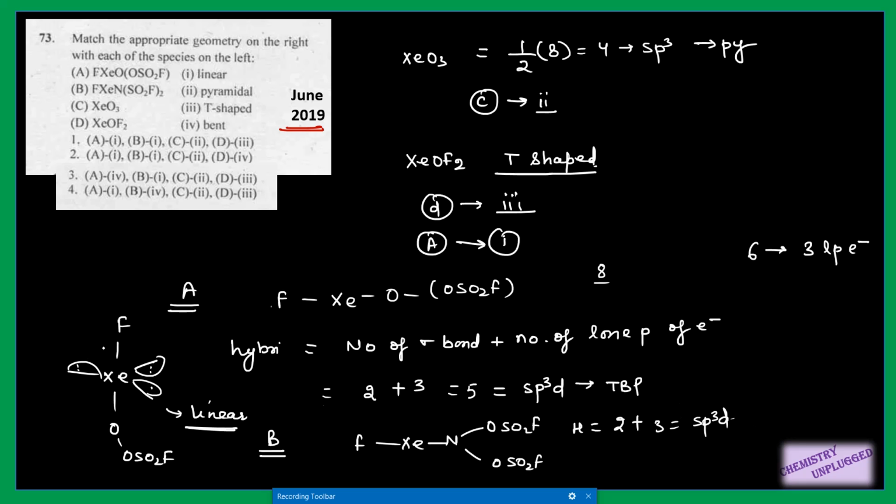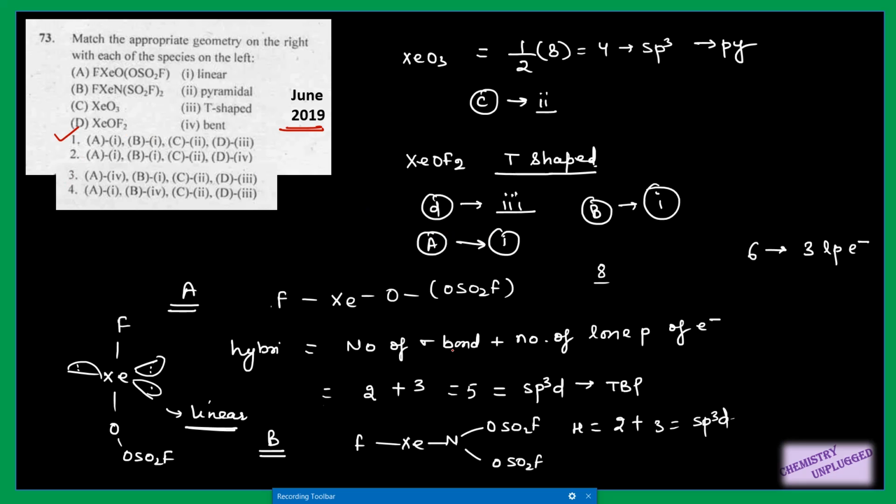The same thing will be applied here. The lone pairs of electrons will occupy the equatorial sites, and the axial sites will be occupied by this fluorine and this nitrogen. So it will also have a linear structure, right? So your correct option will be in which C is with second, D with third, and A and B are with 1, 1, means option number 1 will be the correct option, this one.